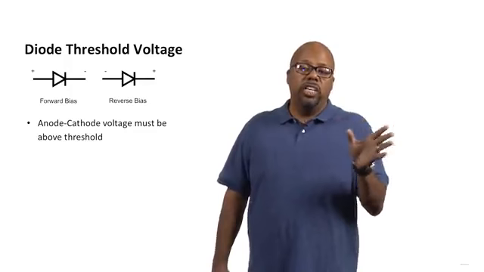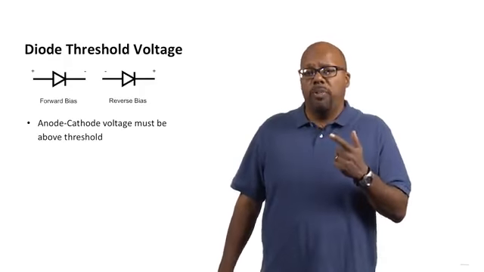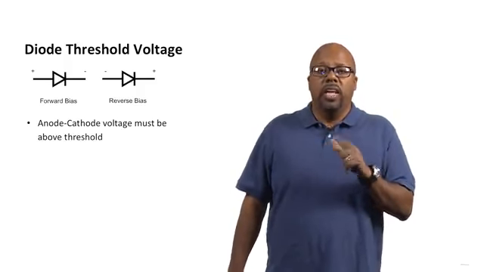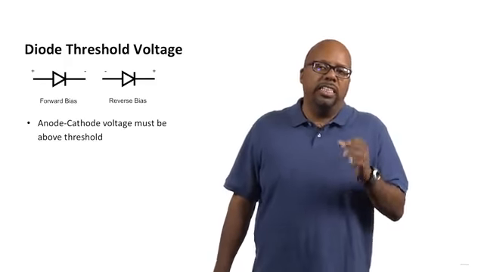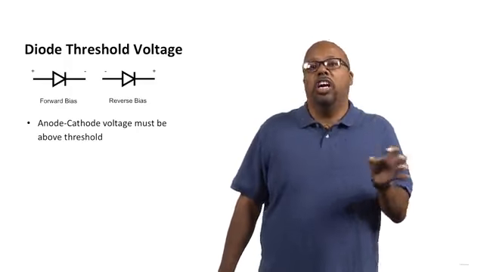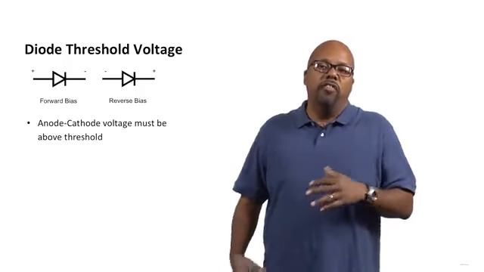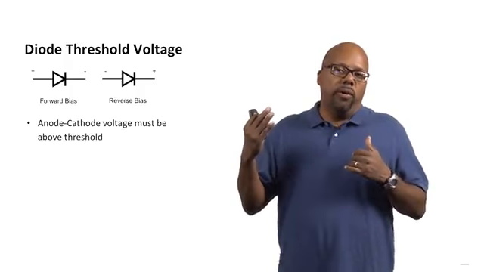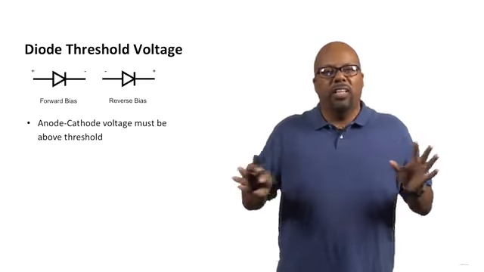Now, you see on the left side, we've got forward bias. On the right, we've got reverse bias. In reverse bias, we took the anode and made it negative with respect to the cathode. In reverse biasing, we will get no current flow, typically, until the difference in voltage is so large that it overcomes the reverse bias. So eventually, if you push enough voltage, if there's enough voltage difference between the cathode and the anode, you will get current flow, but not at the levels that we're dealing with.